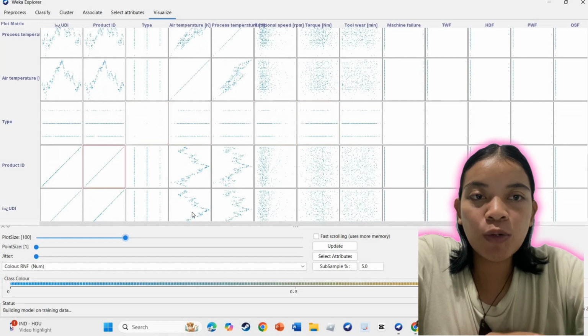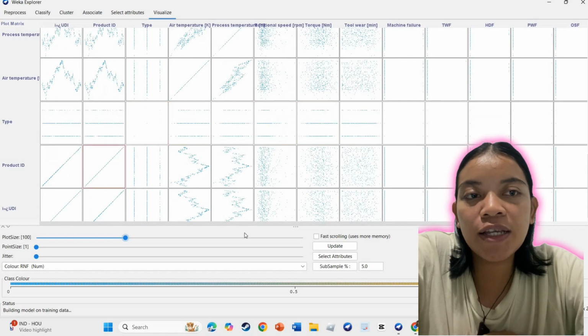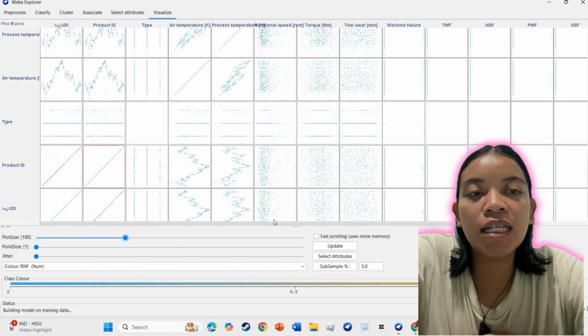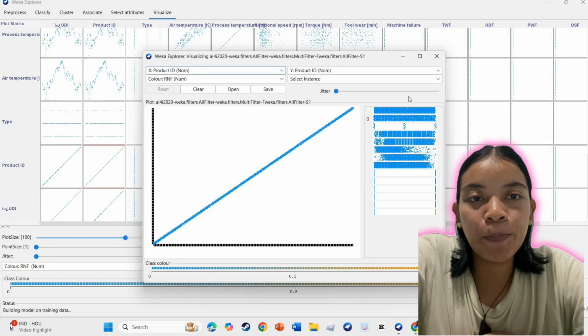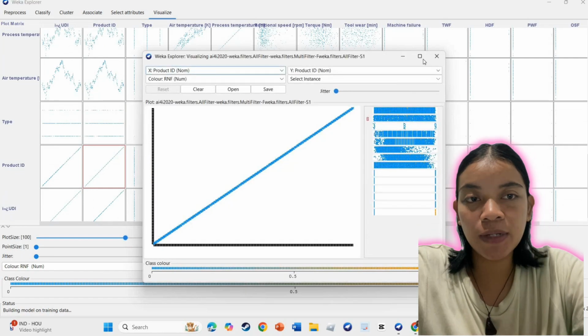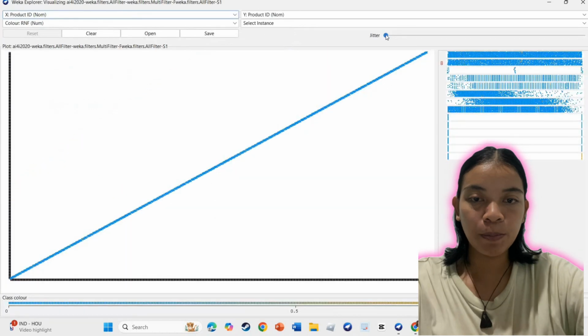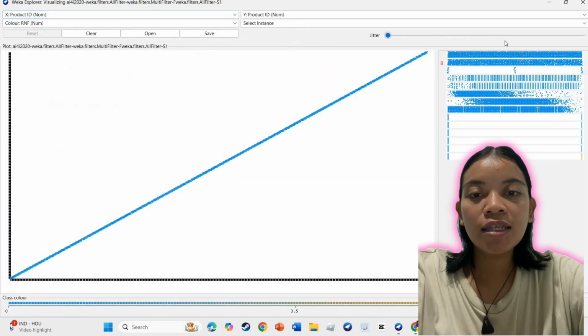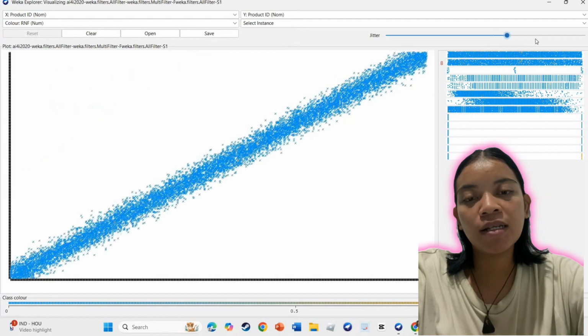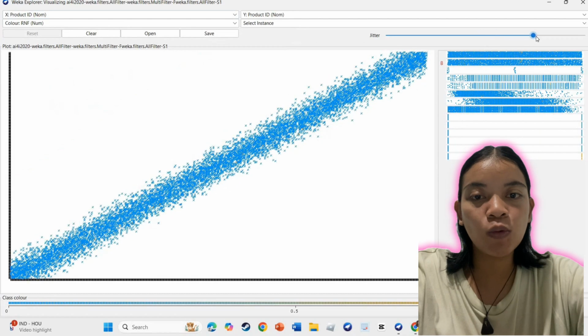The colors represent different clusters identified by the EM algorithm. The diagonal alignment is expected, since both axes are based on product ID, so the x and y axes are the same.